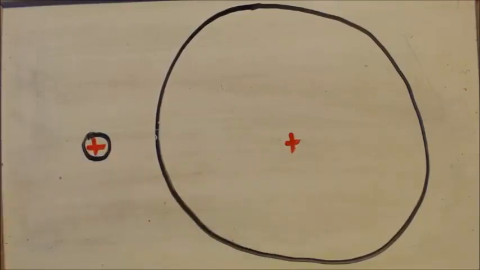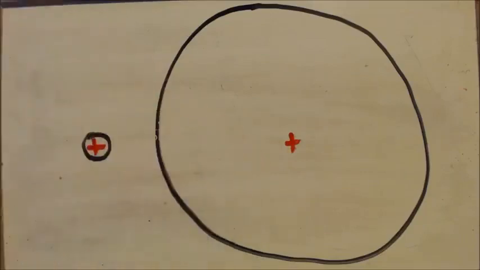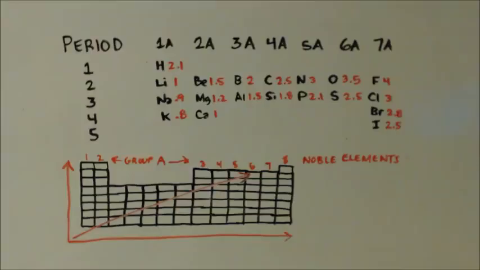So this will be more electronegative. Not so much because it wants it more, but because it has the power to get it. So it is more electronegative. It will attract the electron easier than this guy, because you'll never get in close enough to get a real good attachment to that electron as you will with this smaller atom.